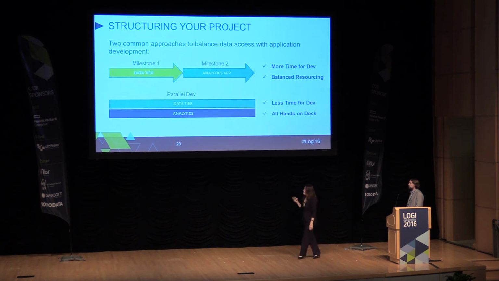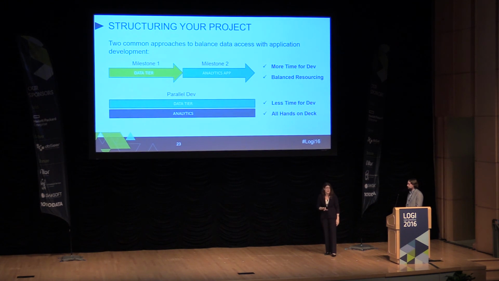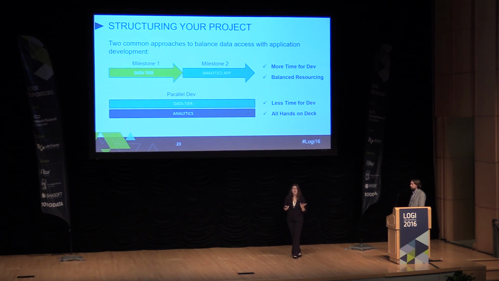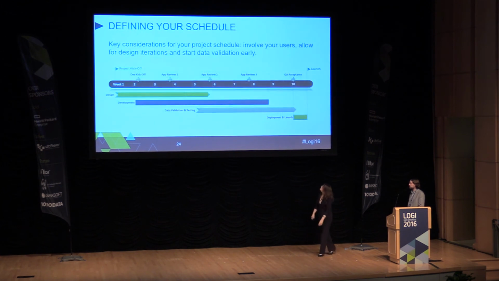More often, we're seeing parallel efforts where you have a tightly controlled lineup of data tier alongside application. You can accomplish this in less time if that's one of your constraints, but it's also an all hands on deck. You're going to need not only your database architects and developers, you're going to need your dev team, you're going to need people to validate the data, your QA team fairly closely aligned and coordinated well.